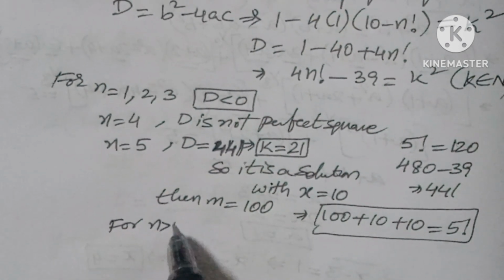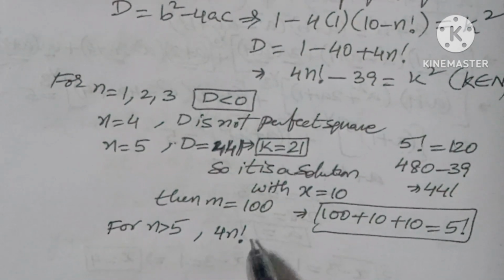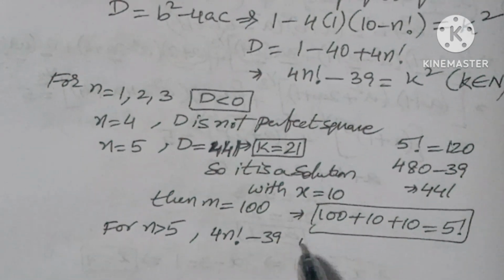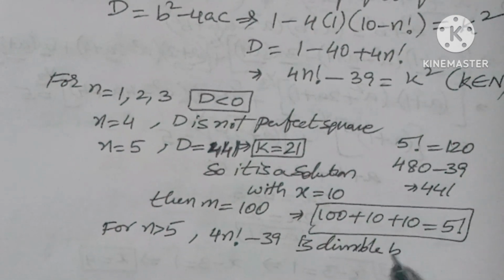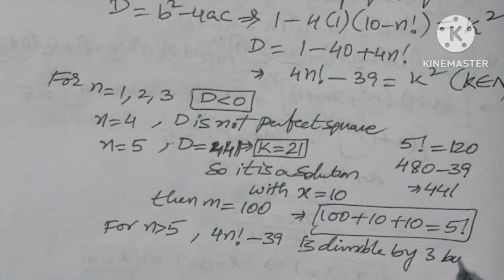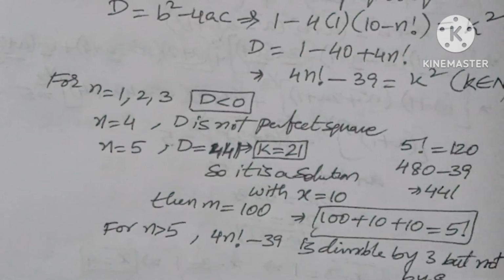So for n greater than 5, 4 n factorial minus 39 is divisible by 3 but not by 9.